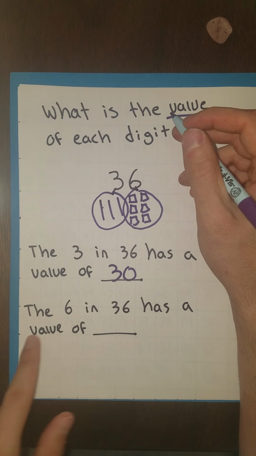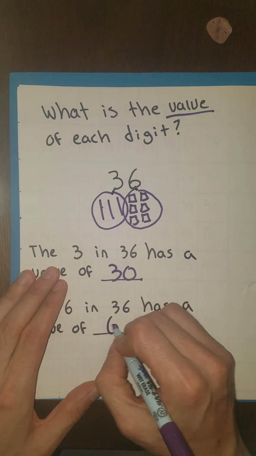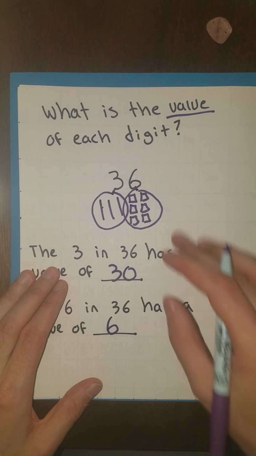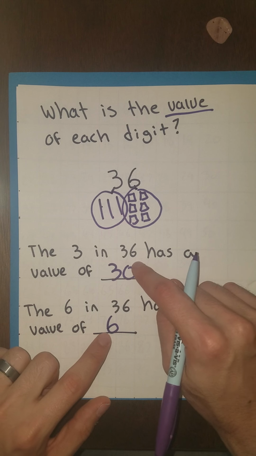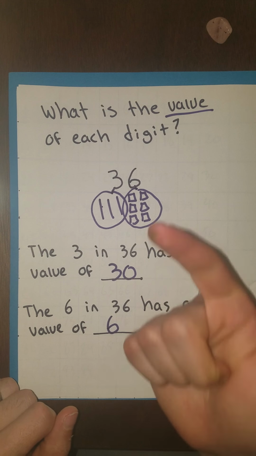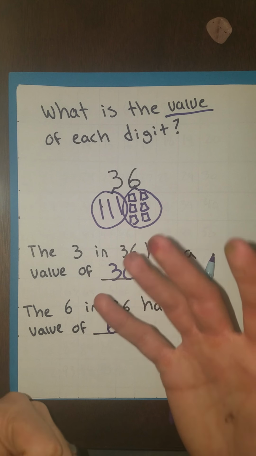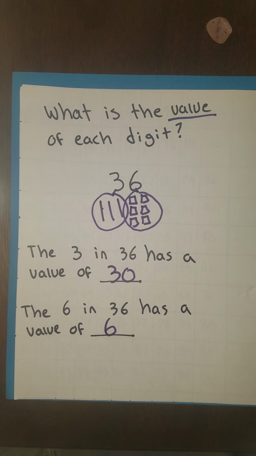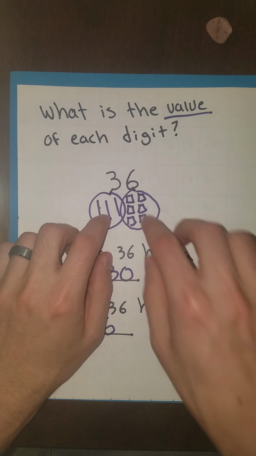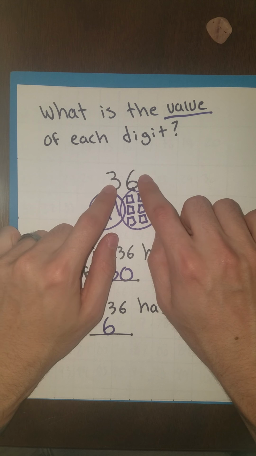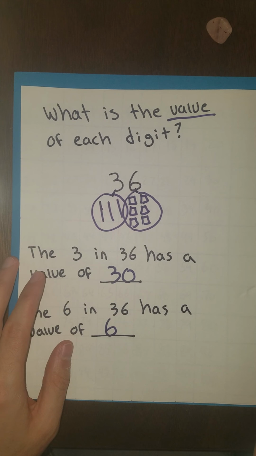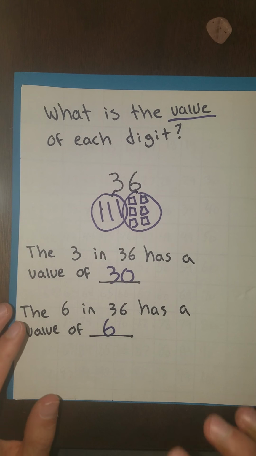The 6 in 36 has a value of just 6. And that makes sense because if we were to do 30 plus 6, 31, 32, 33, 34, 35, 36. 30 plus 6 equals 36. So we're going to want to keep in mind that the digits in our tens and ones places have different values when we start adding our double-digit numbers.